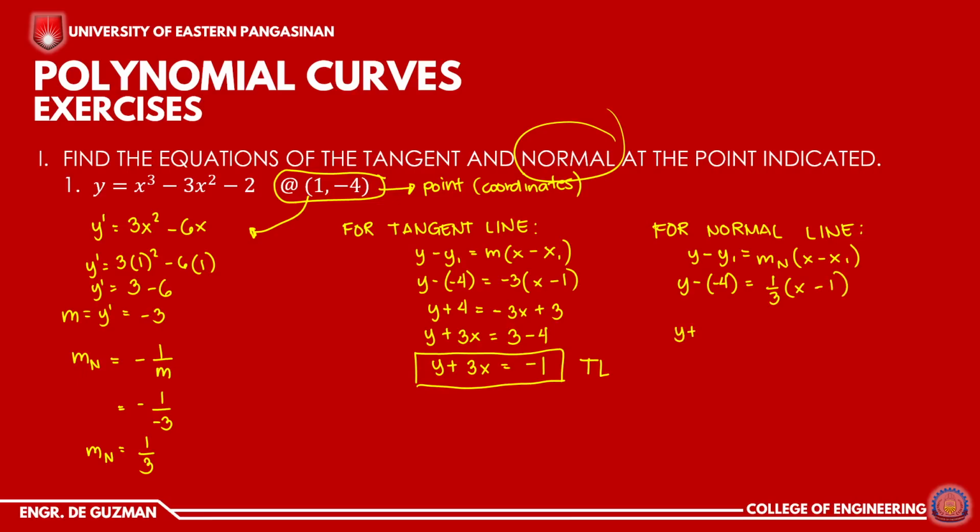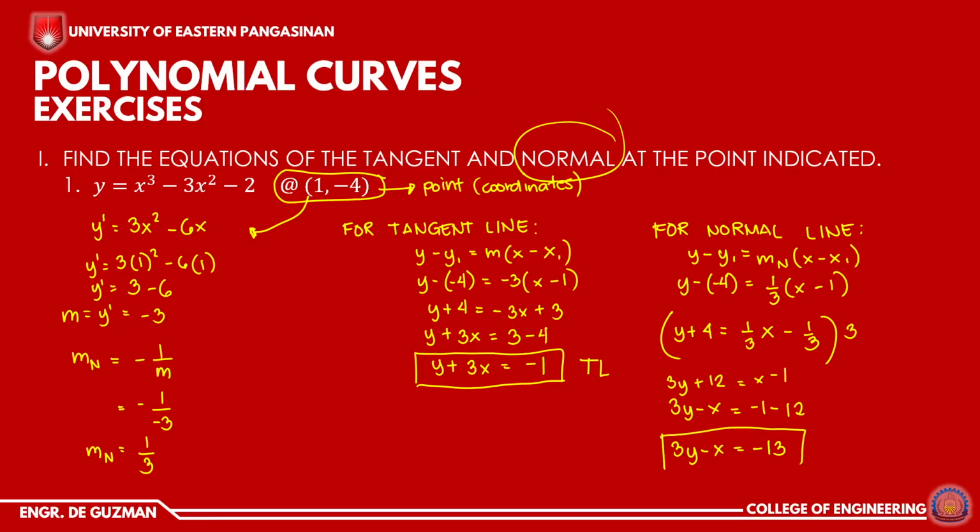So, y plus 4 is equals to 1/3 x minus 1/3. So, multiply tayo both sides ng 3 para makancel yung ating denominator. So, 3y plus 12 is equals to x minus 1. 3y minus x is equals to negative 1 minus 12. So, 3y minus x is equals to negative 13. So, ito yung ating normal line.